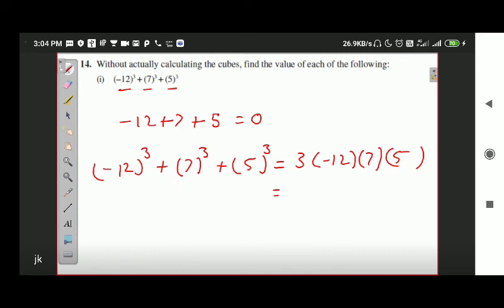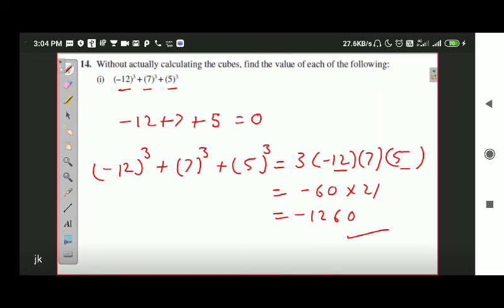So this is 12 fives are 60, minus 60 into 21. This is negative 1260. Okay. You do not need to find the individual cubes of each number. You can just do this: 3 into the product of all three numbers.